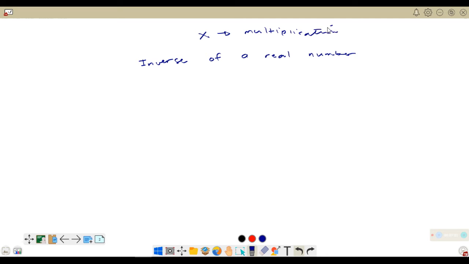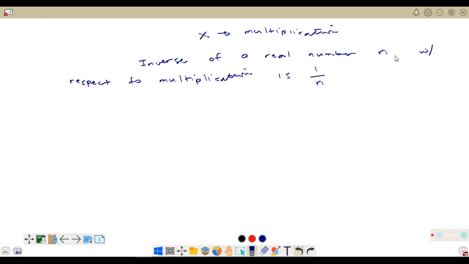Multiplication. Ang inverse of a real number, for example, tawagin natin siyang n. Ayan. The inverse of a real number n with respect to multiplication is 1 over n, or the reciprocal of that number.